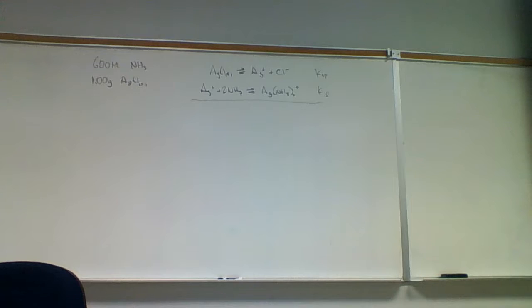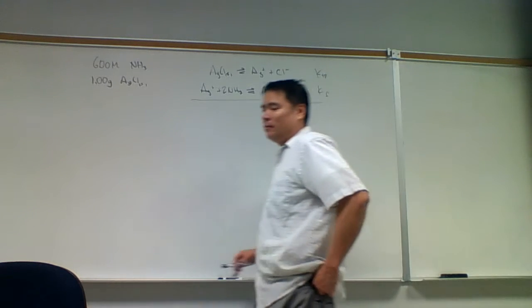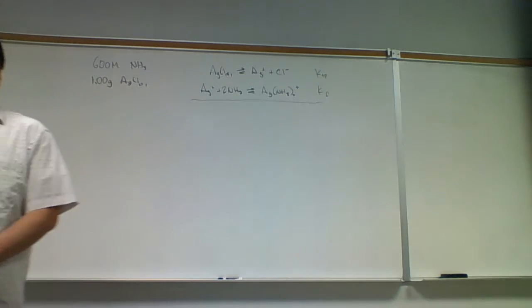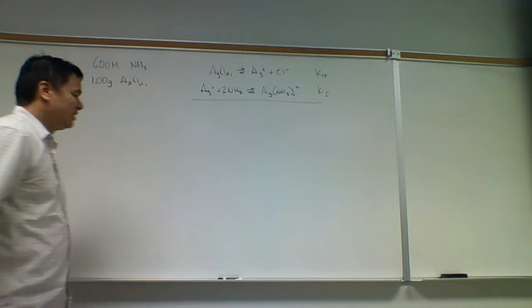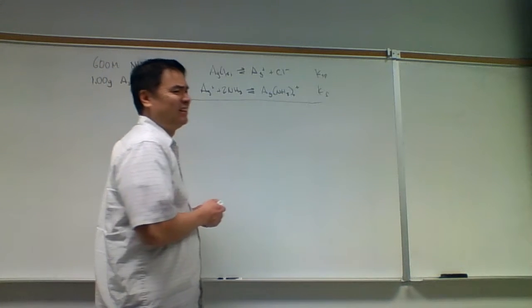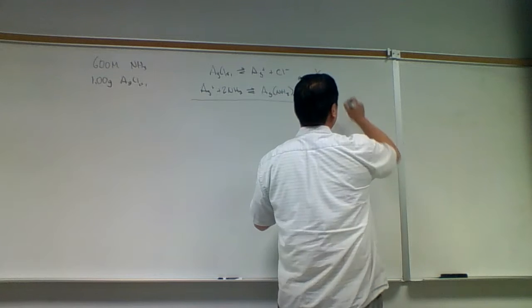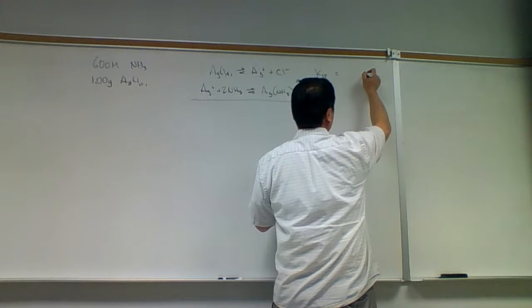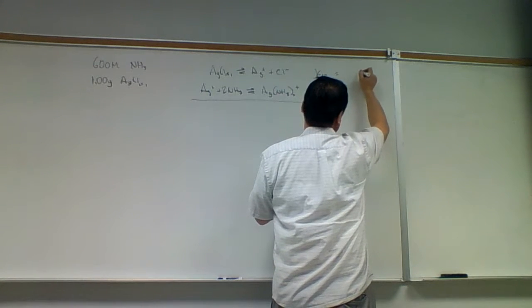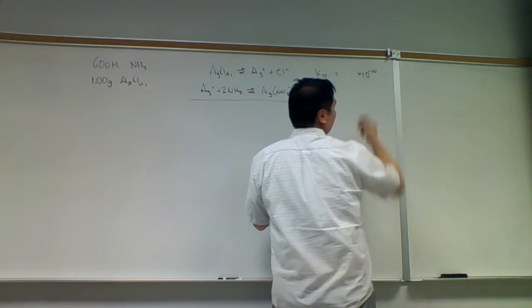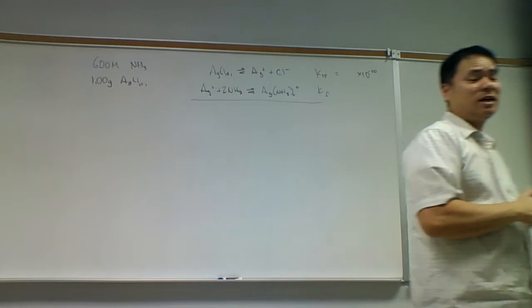In order for the combined method to work, there has to be a new K. The first one has to be small, and the other one has to be large. The first one was what? 1.6 times 10 to the minus 10? There's a KSP for that.